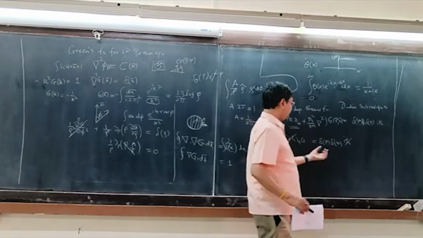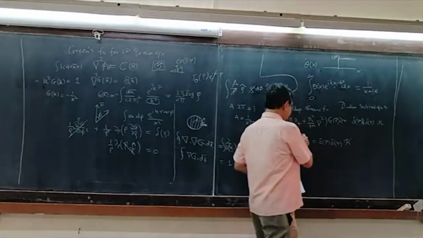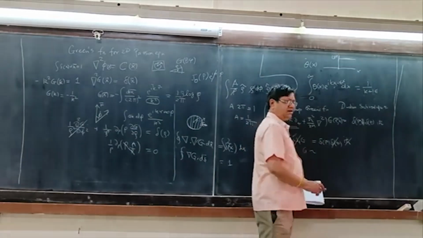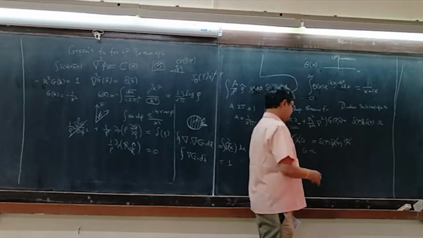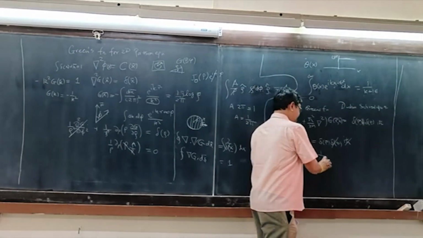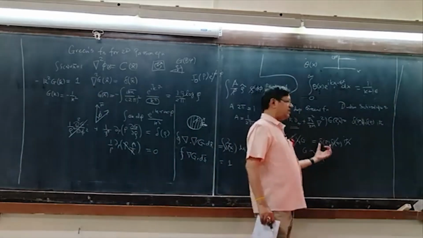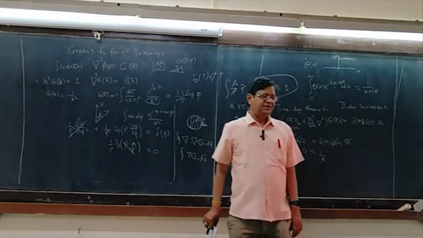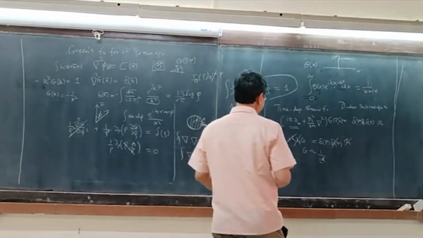So i h bar cancels. What is the dimension of delta t? 1 by time. So 1 by time will cancel with this. So G has dimension of delta R, which for d dimensions is L to the power d, divided by... right? In 3D it is L cubed, 2D is L squared. So that's the dimension in d dimensions.